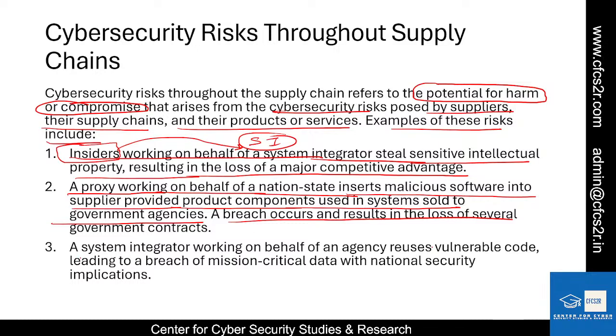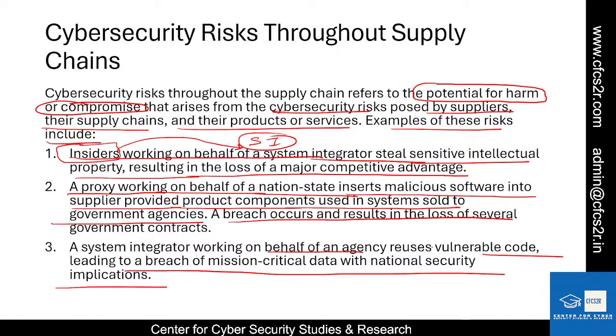Then we have a very important point: a system integrator working on behalf of an agency reuses vulnerable code, leading to a breach of mission-critical data with national security implications. So these are some of the risks that can usually happen.